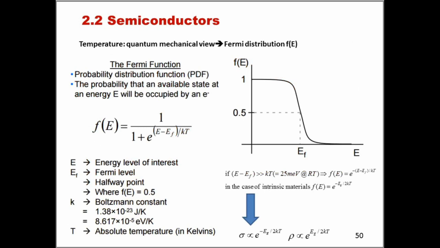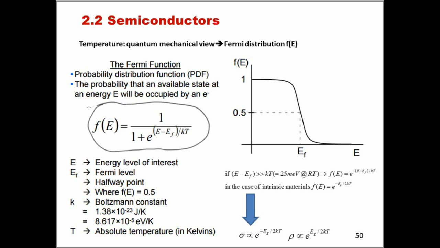From the quantum mechanical point of view now, we can describe things using the Fermi function. You may have seen the Fermi function in your quantum mechanics course. The Fermi function is a probability distribution function, and it has this mathematical form here.